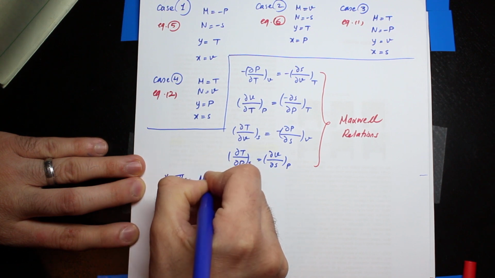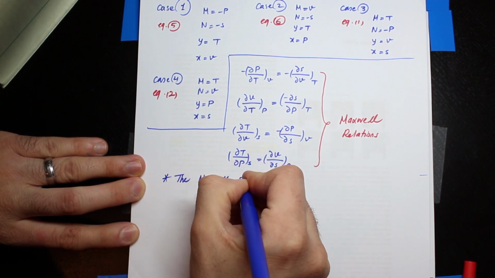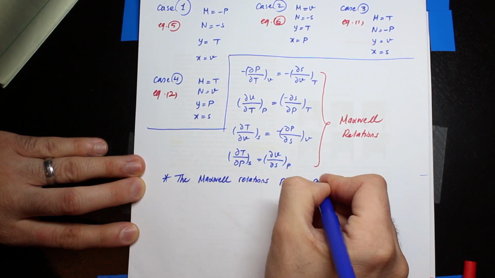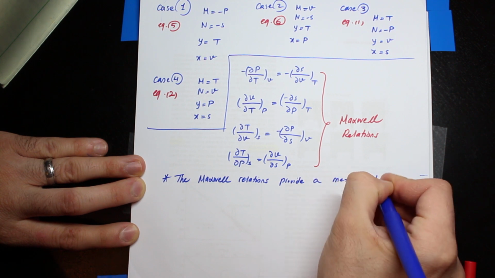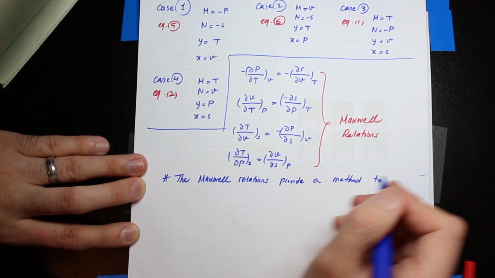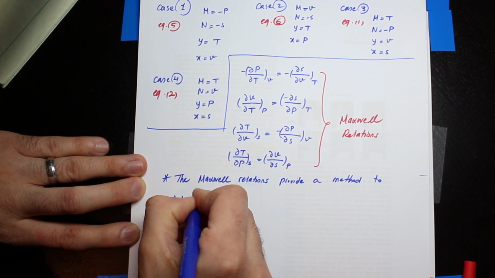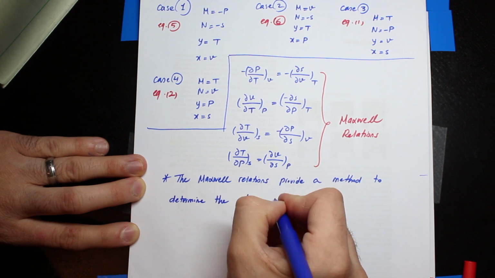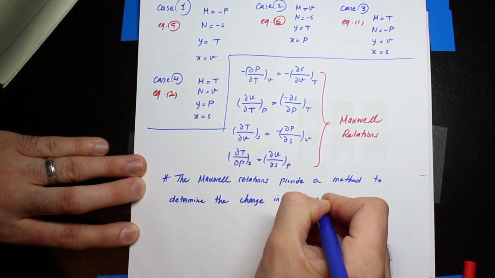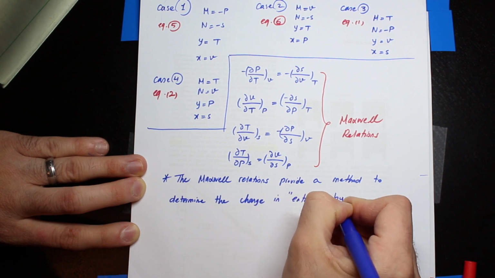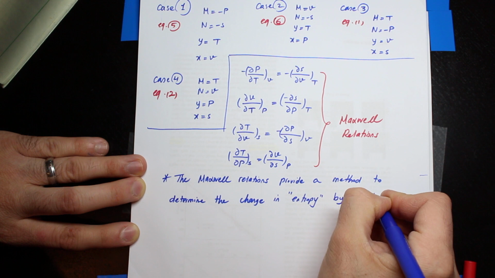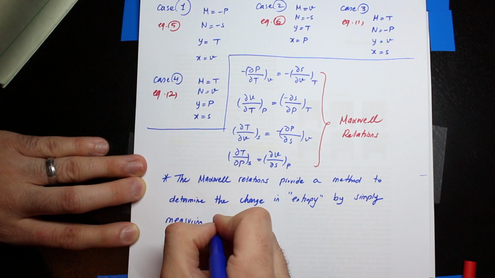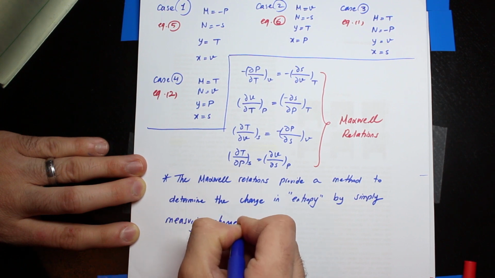The Maxwell relations provide a method to determine the change in entropy by simply measuring changes in pressure, volume, and temperature.